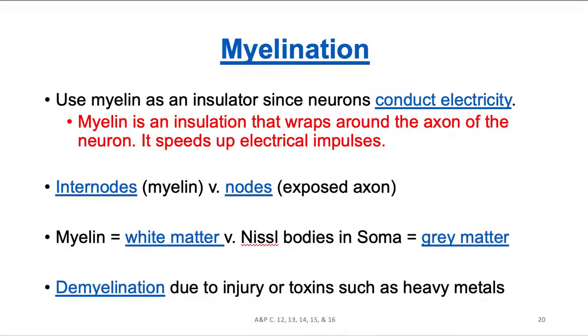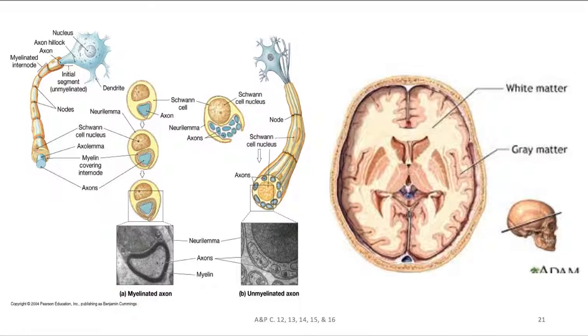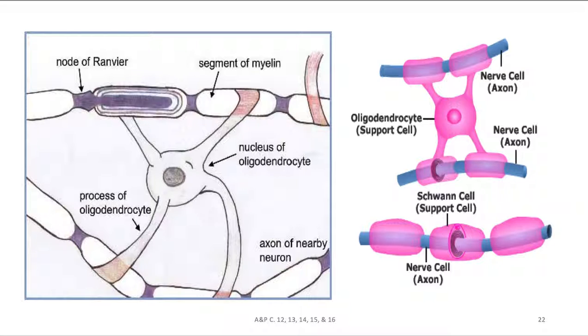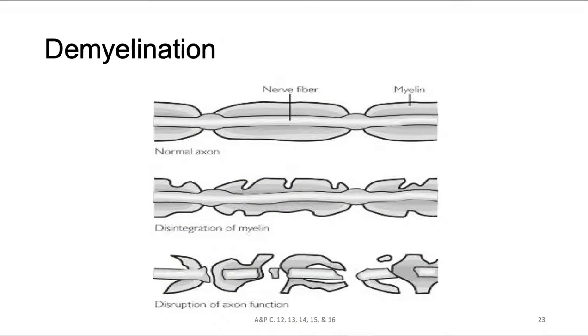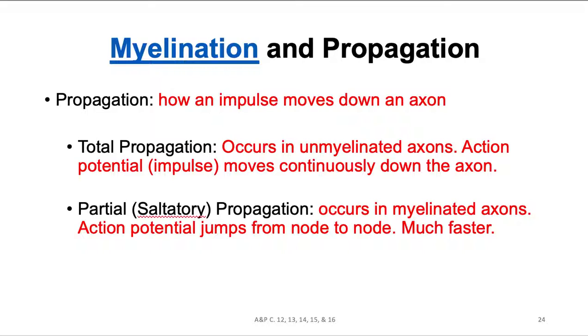If it does not, it looks a little darker, and we call it gray matter. You can see that white versus gray matter in some of these images, and you can see how myelin is wrapping around the axons. Propagation is how fast an impulse moves down an axon, and there's two different types. There's continuous propagation, which occurs at unmyelinated axons, and that potential is just going to move continuously down the axon.